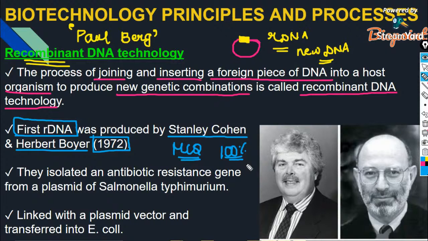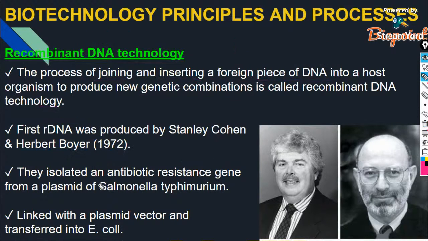Is it clear for everybody? And how did they make this new recombinant DNA? They isolated an antibiotic resistant gene from the plasmid of a particular organism, Salmonella typhimurium. Very important MCQ.